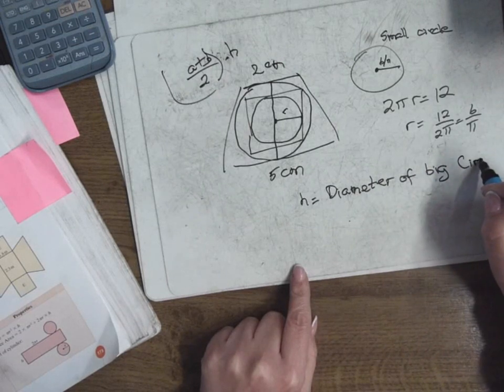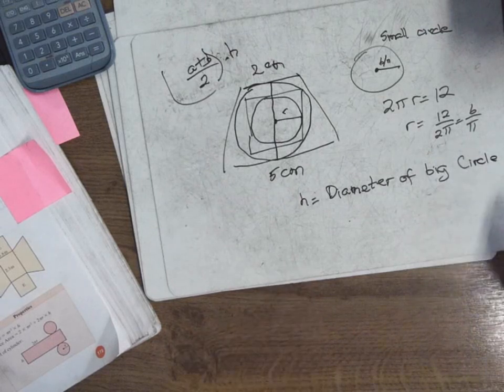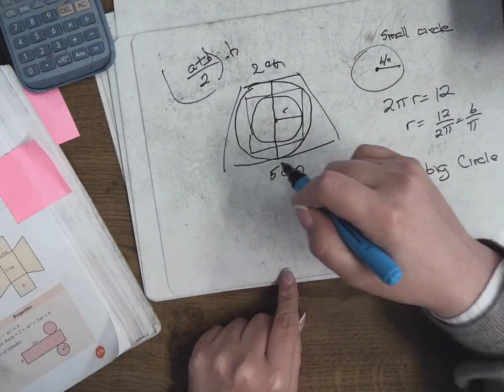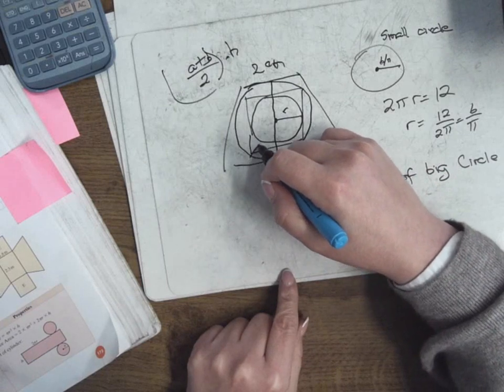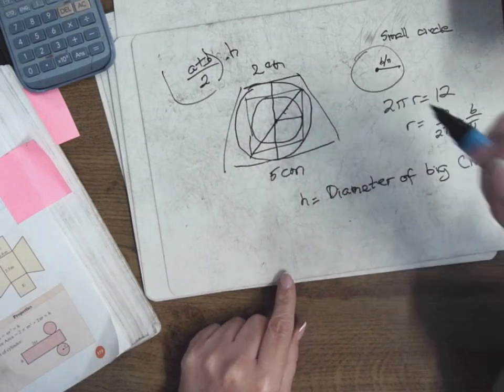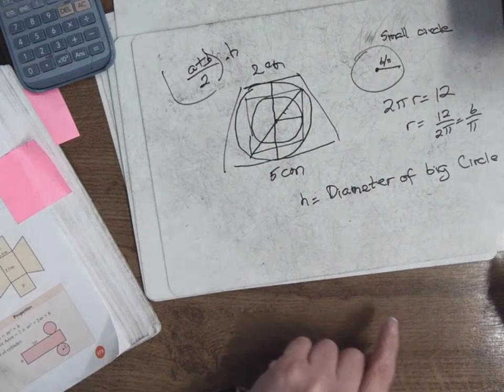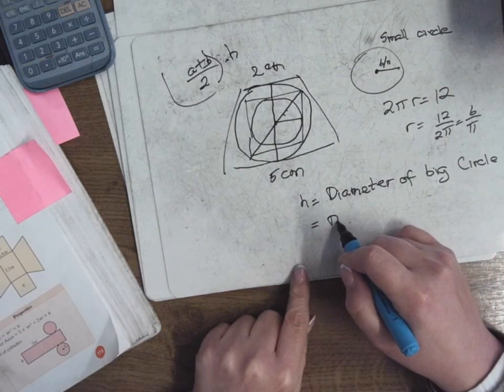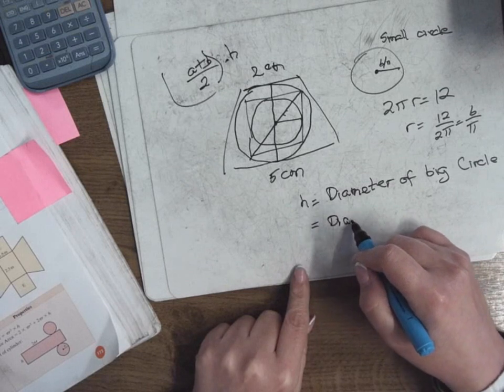The diameter of the big circle is also across here. Look at it. It's the diagonal of the square, isn't it? So the diameter of the big circle is also equal to the diagonal of the square. Would you agree?